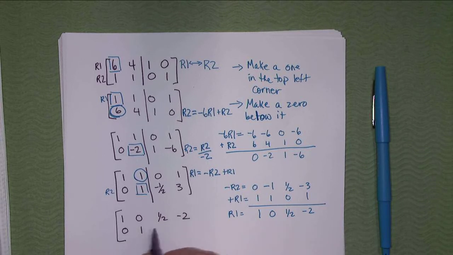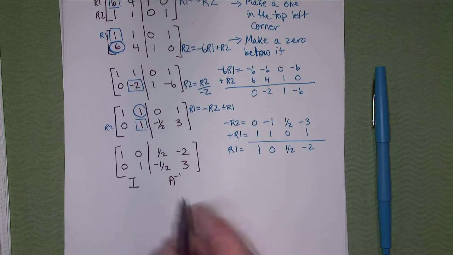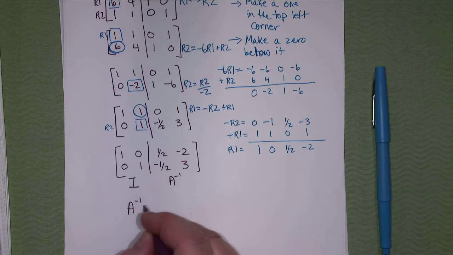Now this is the identity, so the stuff over here is the inverse. And so we then take it out, A inverse is equal to 1/2, minus 2, minus 1/2, 3.